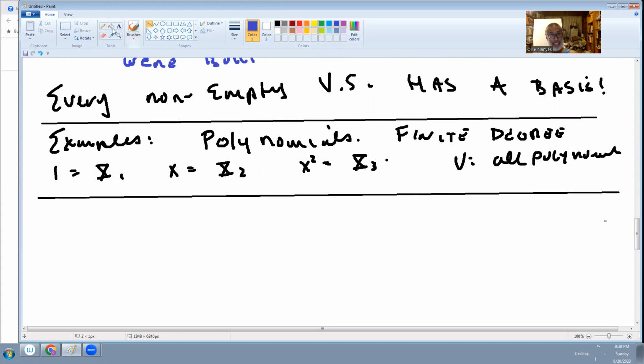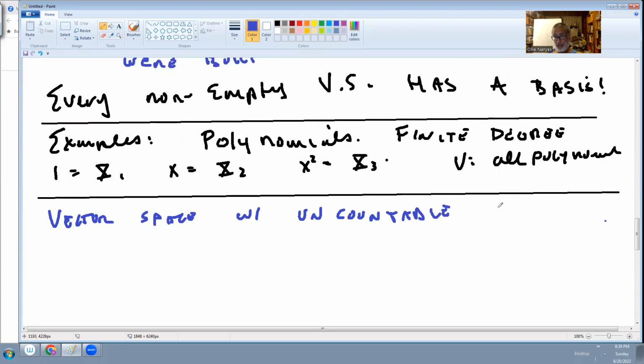And this is actually not a bad vector space at all. With an uncountable basis. This would be the following.